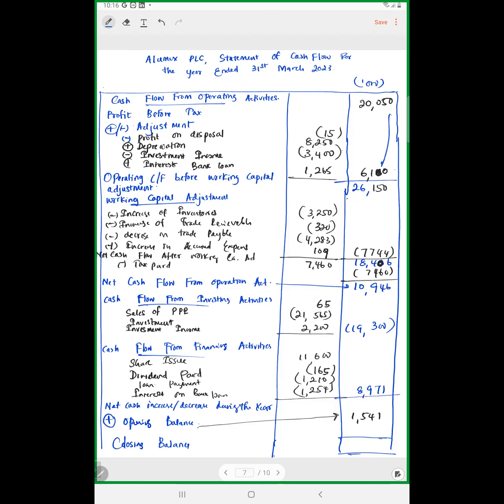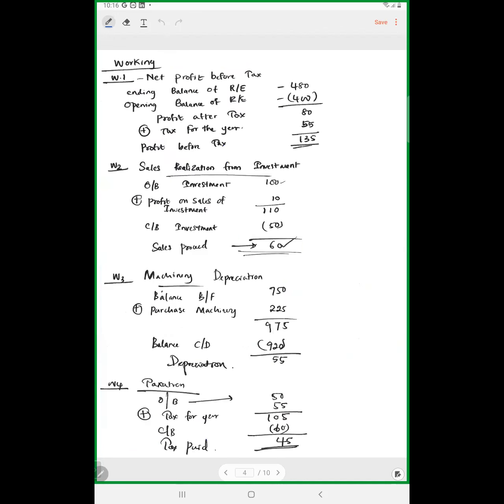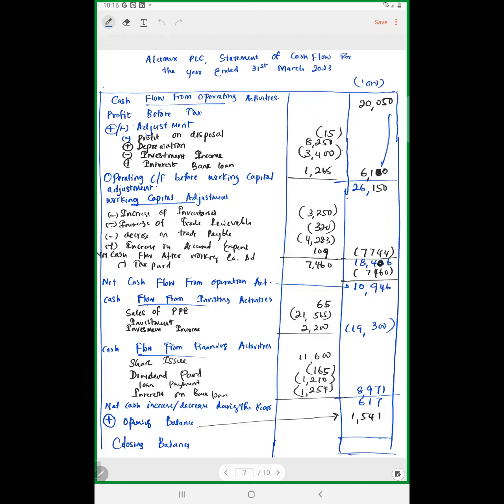So then net increase $670. Right? 2,158.